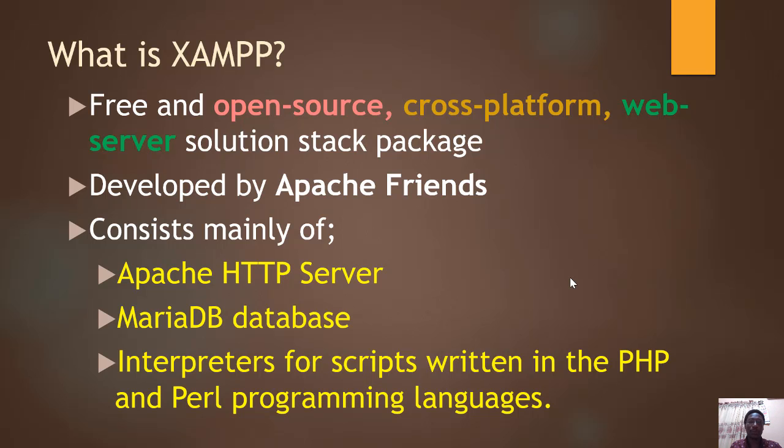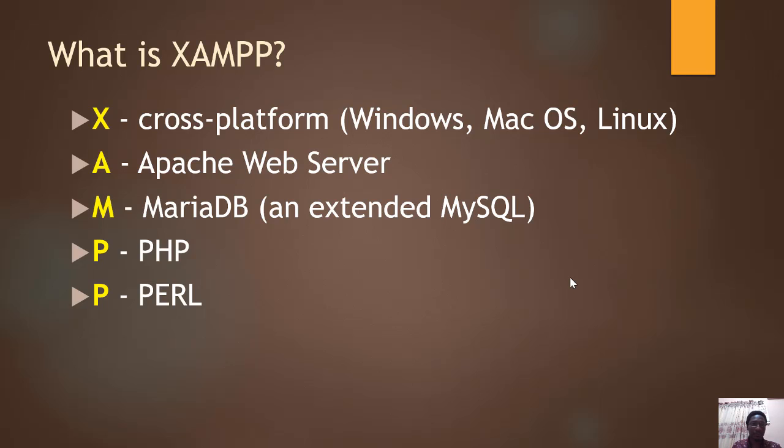The solution stack consists of three major things: the Apache HTTP server or web server, the database, that's the MariaDB database, and interpreters for scripts that have been written in the PHP and Perl programming languages.